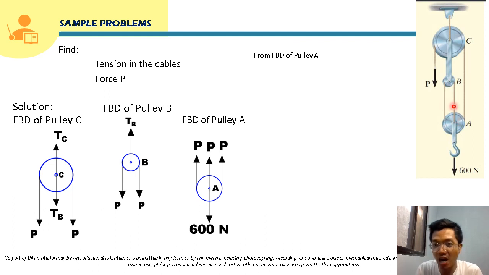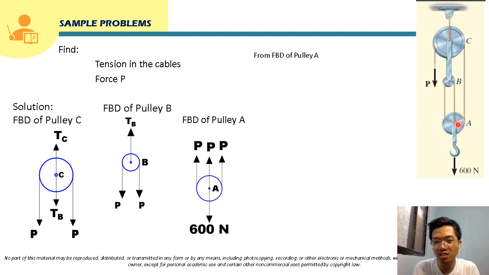So these cables will all provide tension force. They will provide a pull, and these three tension forces provided by this cable will all be P, since this force P will be constant all throughout the continuity of the cable. So this will be P here, and this will be P, and this will be P.